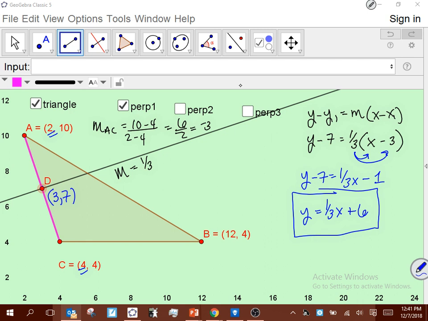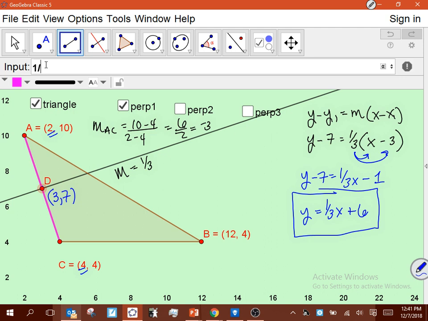If we use GeoGebra as a nice tool for us, I can just type in 1/3 x plus 6. Hit enter. And you see that nothing new showed up, right? It's because it is graphing on top of the line that's already there. You actually saw it maybe kind of bolded in that line a little bit. So 1/3 x plus 6 is the equation of that black line.